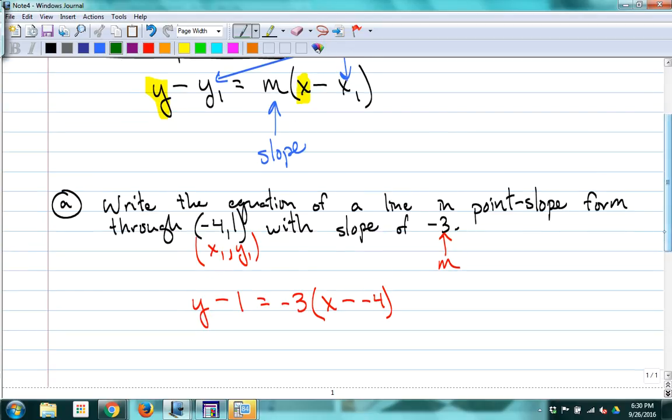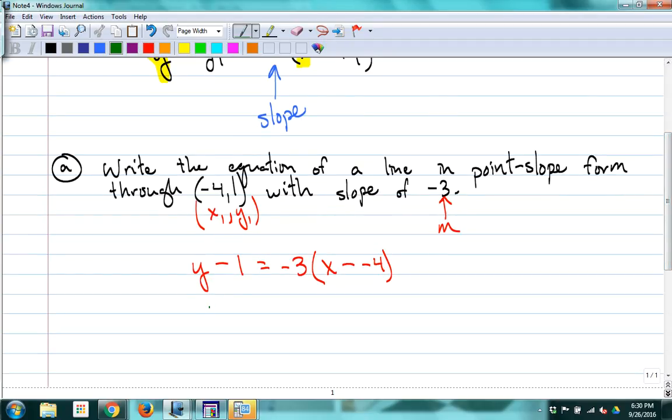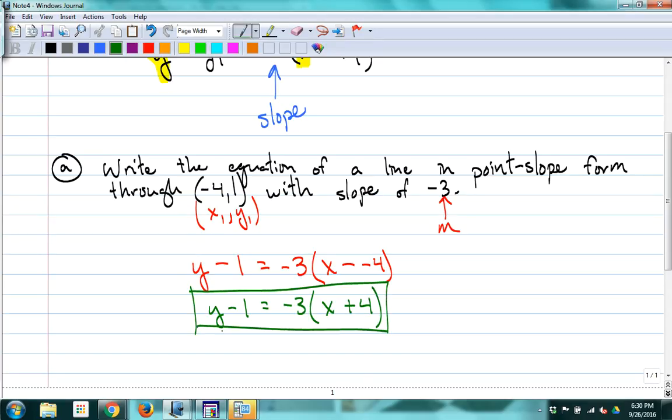So that's y minus 1 is equal to -3. What can I turn that parenthesis into? Instead of x minus -4, it would be x plus 4. Two negatives make a positive. So that is the point slope form of that line.